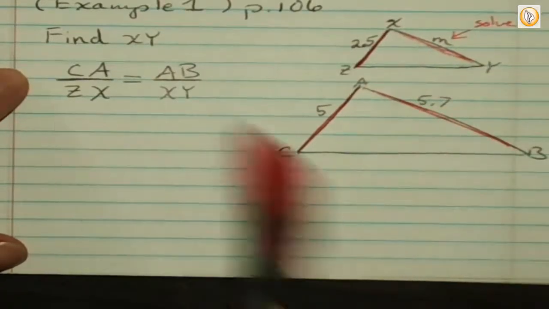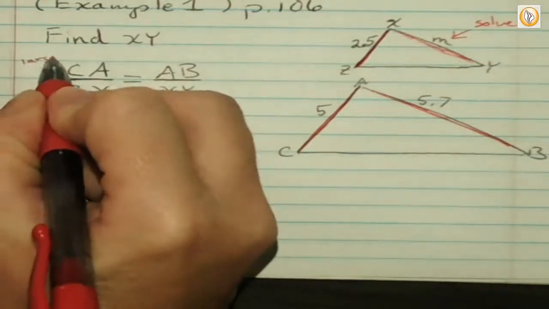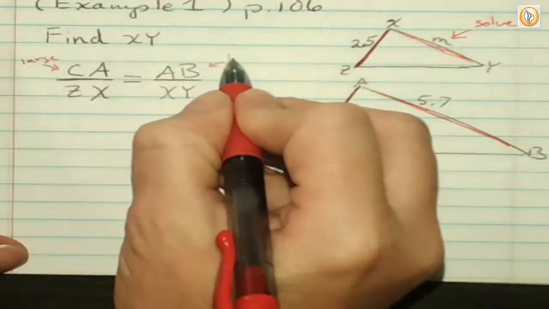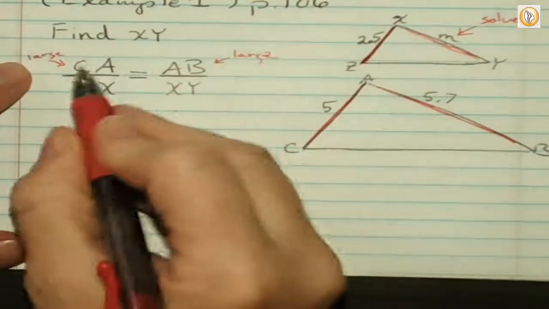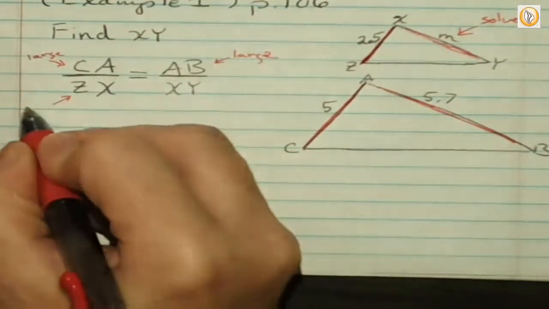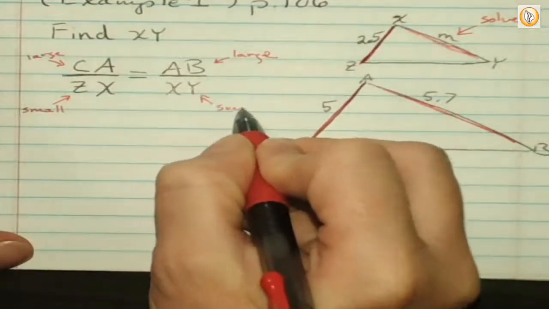Now notice that large, I'm going to write that. Large and large. We have to keep the largest together and we have to keep the smalls together.